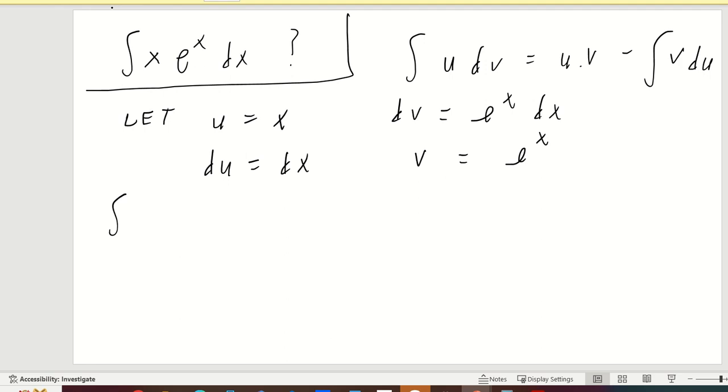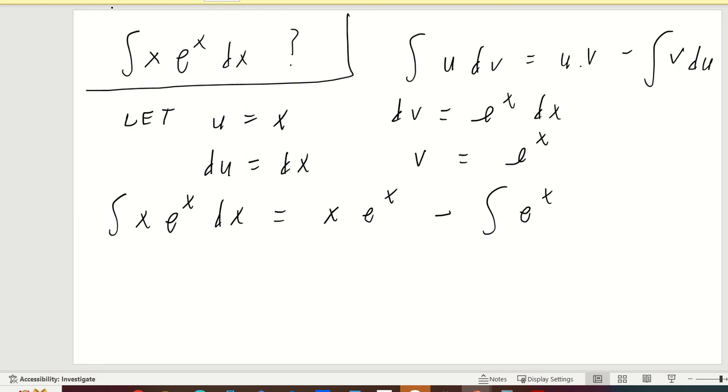So then we can just apply our integration by parts formula, which is x by e to the x dx. So our formula says uv, so u is x, our v is e to the x, and we will subtract the integral of v. Well, what is v? It's e to the x.